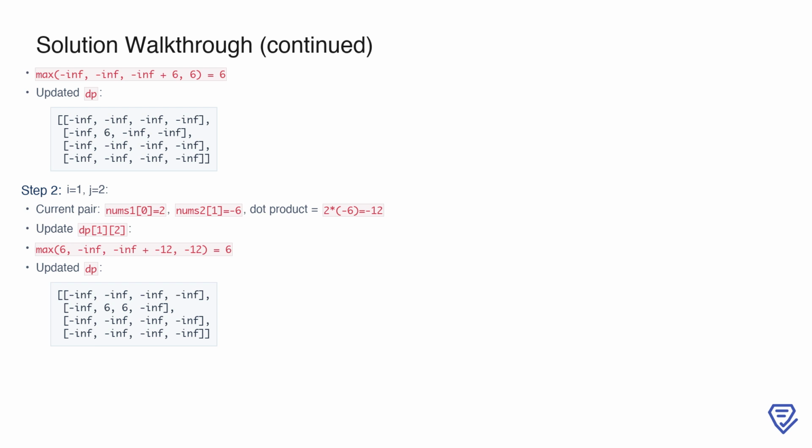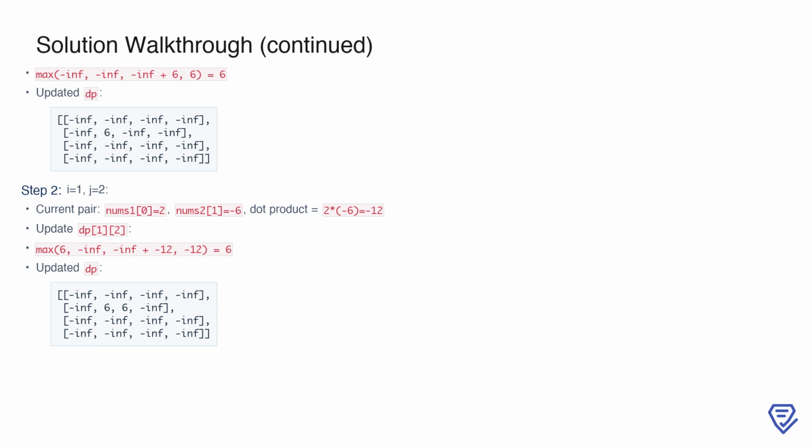Here, the maximum value remains 6, so dp[1][2] is updated to 6. The table now shows that the maximum dot product achievable so far remains 6, even as we include this new pair. This demonstrates how the dynamic programming approach ensures that we always keep track of the best subsequence options up to this point.